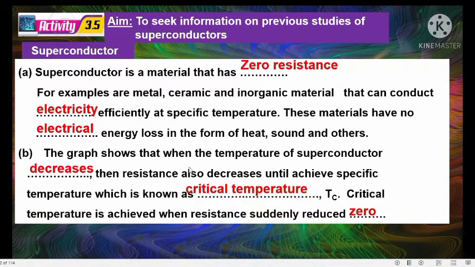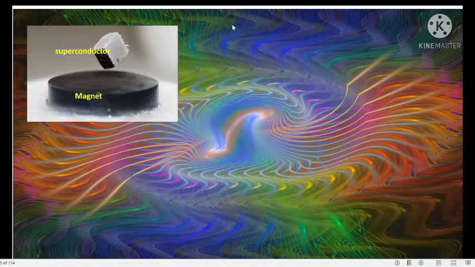The graph shows that when the temperature of a superconductor decreases, the resistance also decreases until it achieves a specific temperature known as the critical temperature. Critical temperature is achieved when resistance suddenly reduces to zero. But normally superconductors need a very low temperature for the resistance to drop to zero.